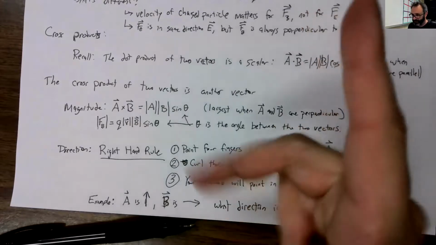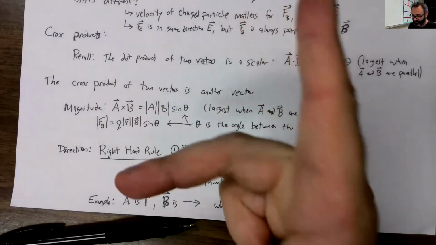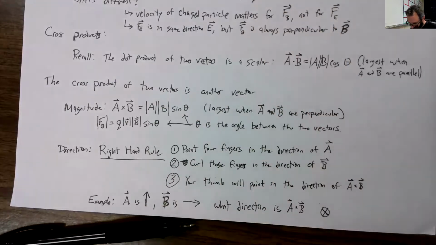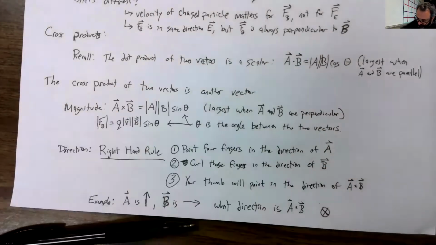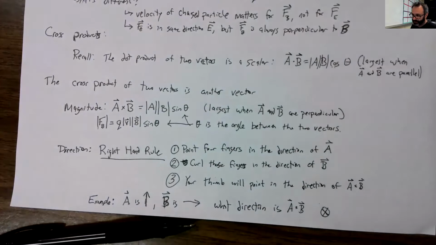I don't like the 3-finger way as much because then you have to remember which finger goes first and which goes second, but that can work too. For me, the easiest way is to point my fingers in the first vector, curl them towards the second vector, and then my thumb gives me the resultant.